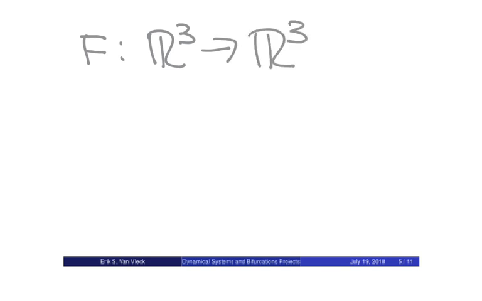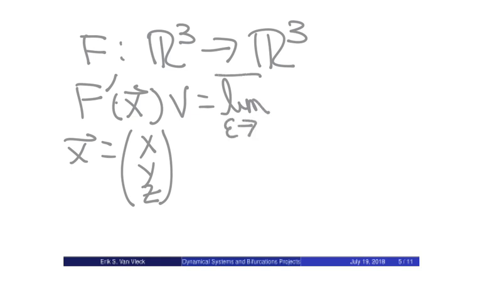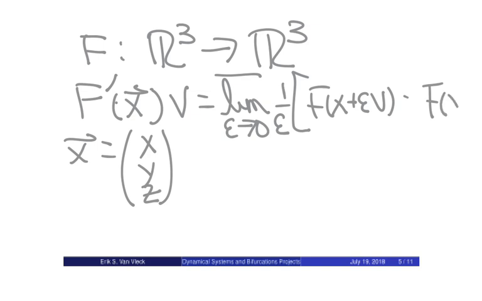So for a function f that maps R3 to R3, as we have here, we could calculate f prime of x, where vector x in this case is x, y, and z, times some vector v as the limit, or hopefully the limit, as epsilon goes to 0 of 1 over epsilon times f of x plus epsilon v minus f of x.